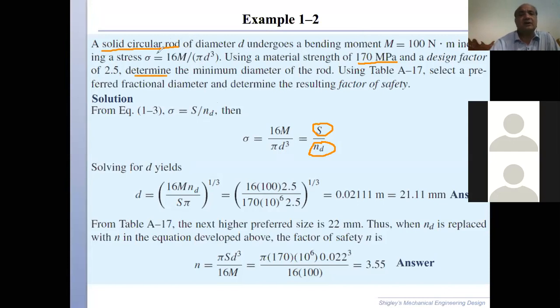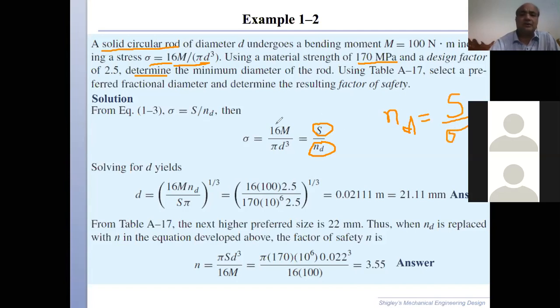We already know that stress is equal to 16 M over pi d cube. And we also know that nd is equal to S over sigma.